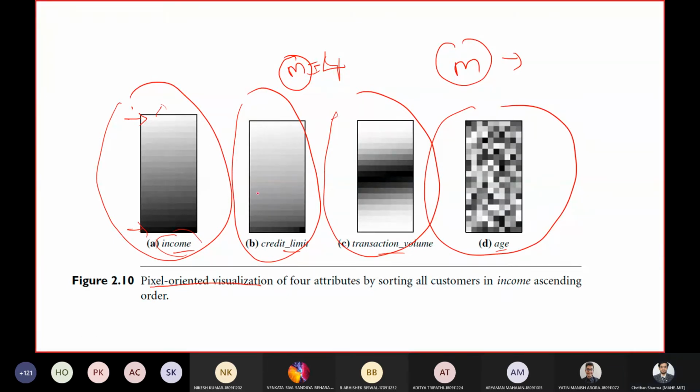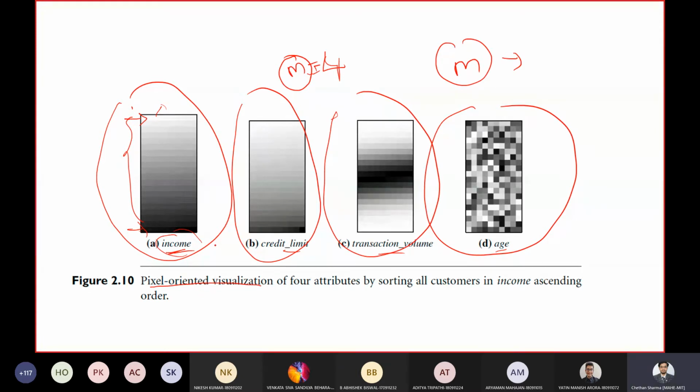In each dimension, the values of the records are recorded. Income might have different values in the records, so each of these values is mapped to a different pixel. The color of the pixel reflects the corresponding value of the attribute. So this is how this pixel oriented method works.